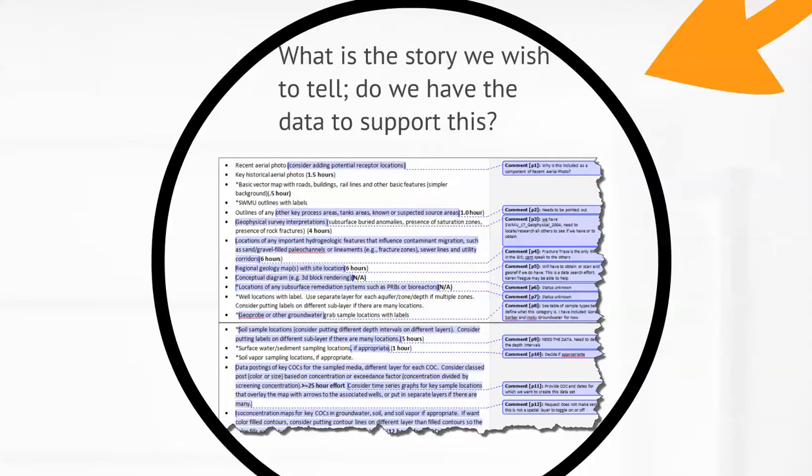A list of items may look something like this, where we're requesting recent aerial imagery. It could incorporate historical aerial imagery, any types of samples along with corresponding analytical data. There's any number of things that can be included on a layered PDF, and while a lot of these are inherently spatial, not all of them are, and many of them, the data that we wish to include on a layered PDF really takes time to incorporate into a map type format.